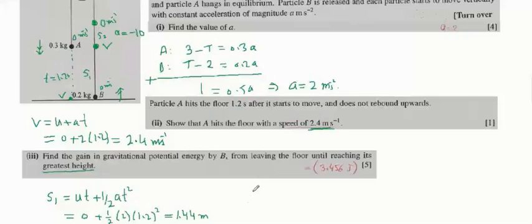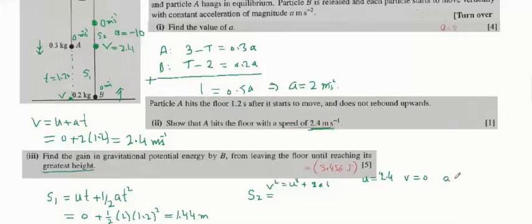And then S2 we can also find by using this equation. Time we don't have. We can use v square is equal to u square plus 2AS. And we know that the second stage initial speed is 2.4. Final speed is 0. Because here the speed which we got is 2.4.